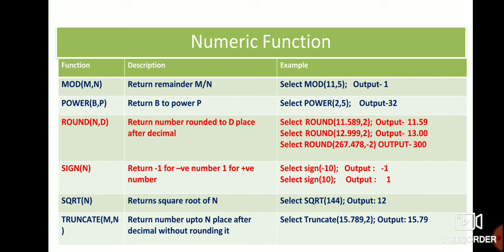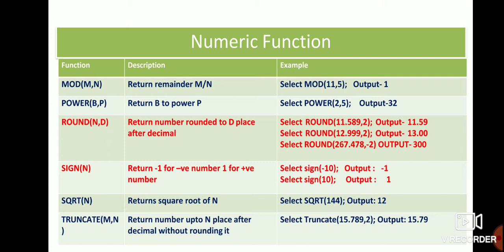Next is round n comma d. It returns the number rounded to d places after the decimal. Example, select round 11.589 comma 2. It will round up to 2 places, so 11.59 will be the output. Next is sign n.